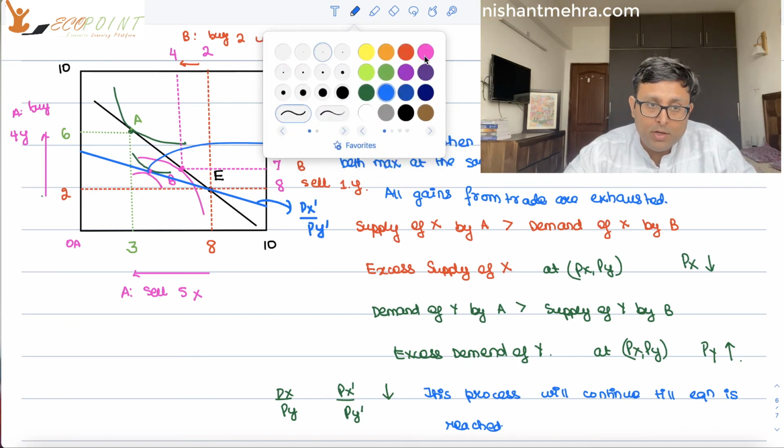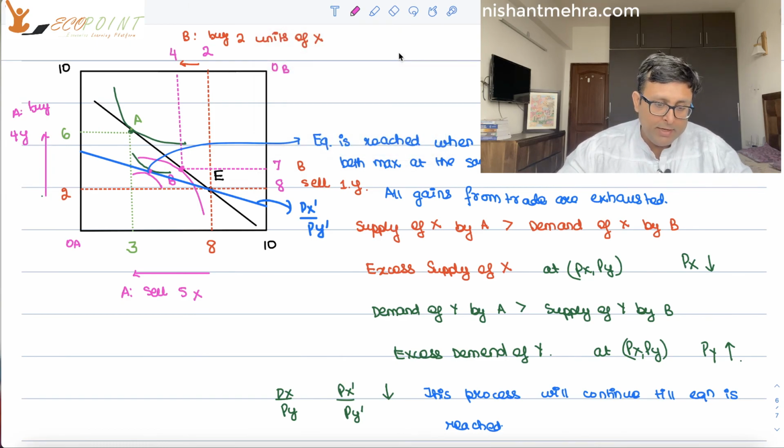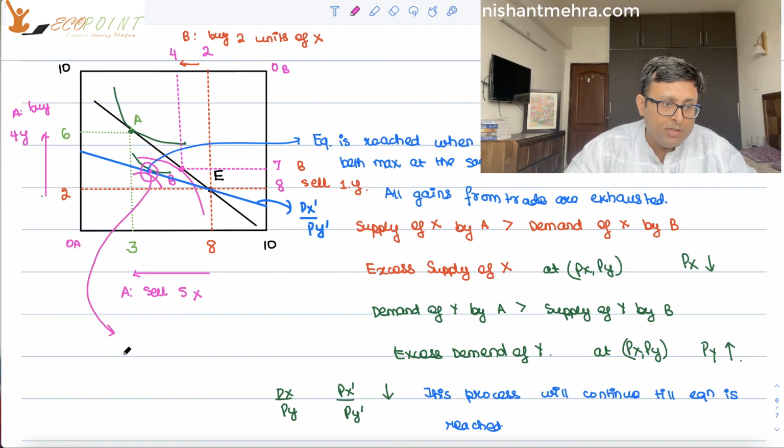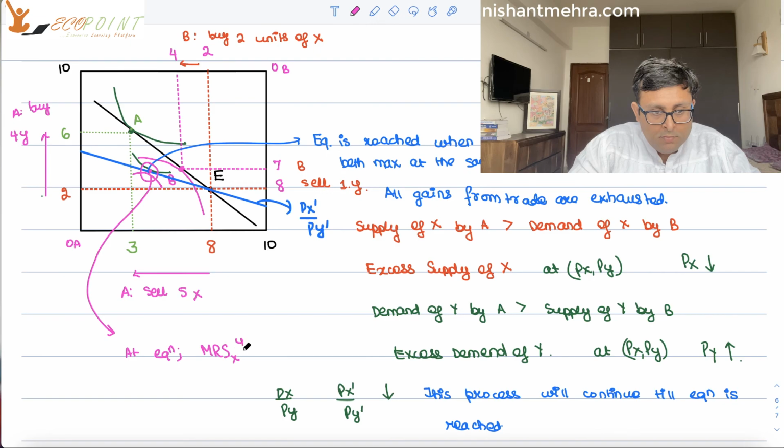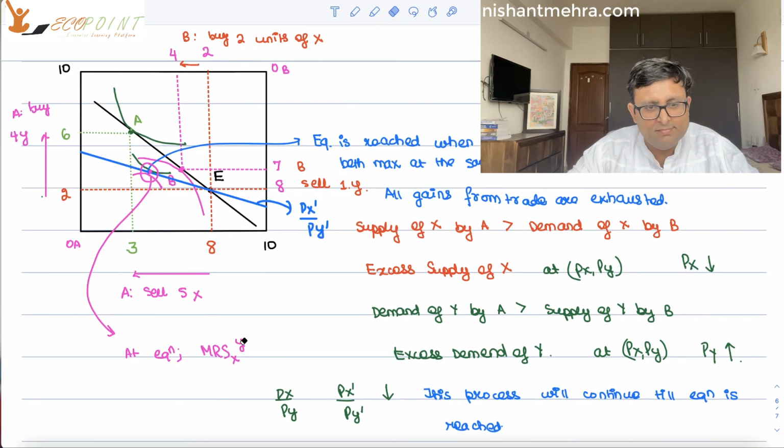Now, if you look at this point very clearly, what is it that you will find? That this particular point is a very interesting point. This tells you something. One, this is an equilibrium. There is a tangency condition for me: MRS XY for individual A, I'm individual A, is equal to the price ratio.